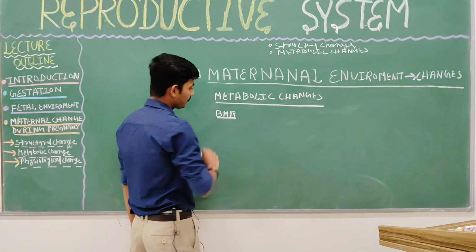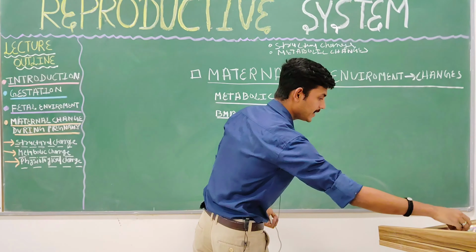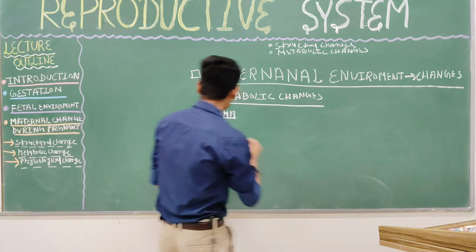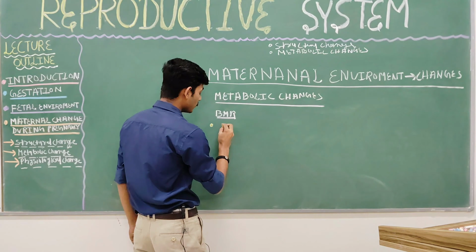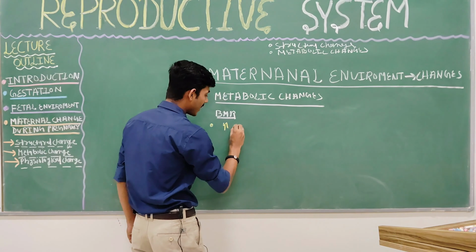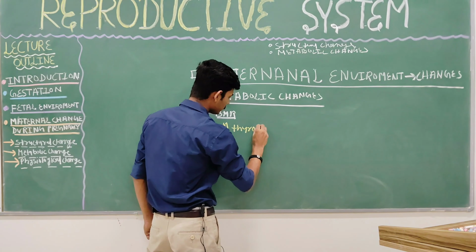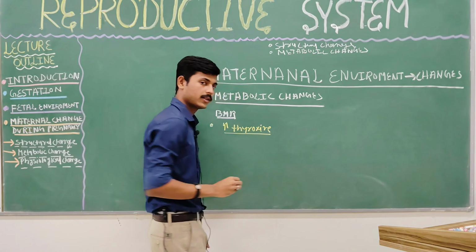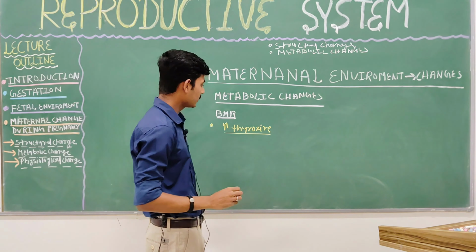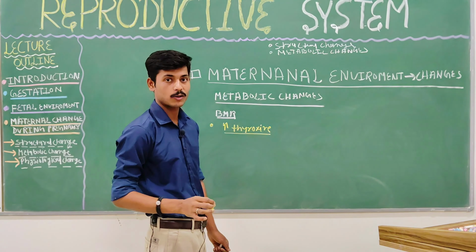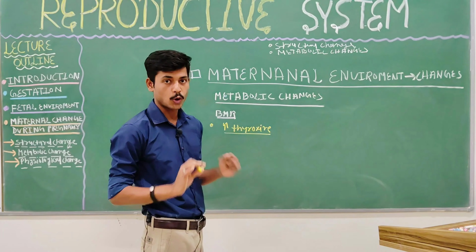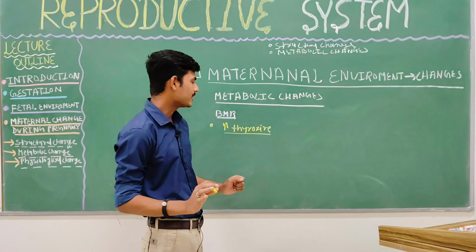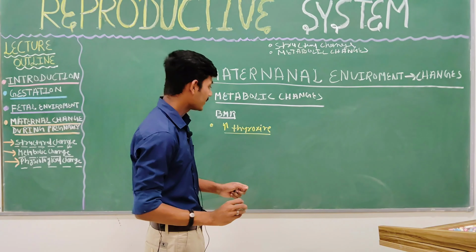During pregnancy there is a change in hormonal secretion, isn't it? There is an increase in the secretion of thyroxine. When you read a pregnant woman's report, you will see an elevation of thyroxine, and that is considered normal during pregnancy.